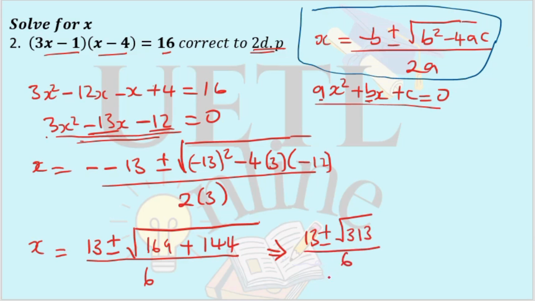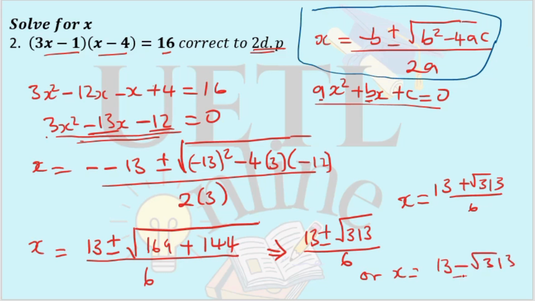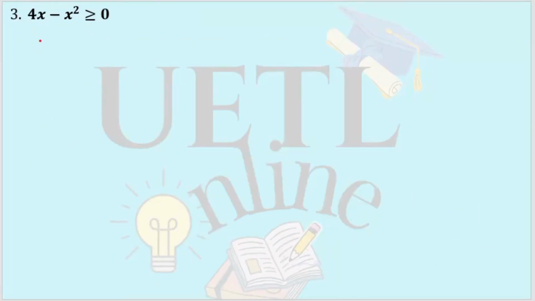After that, you have to separate this, so x becomes 13 plus root 313 over 6, or x is equals to 13 minus root 313 over 6. Okay, so if you punch this on the calculator and round to 2 decimal places, you have your answers. Okay, let's go to our next example.